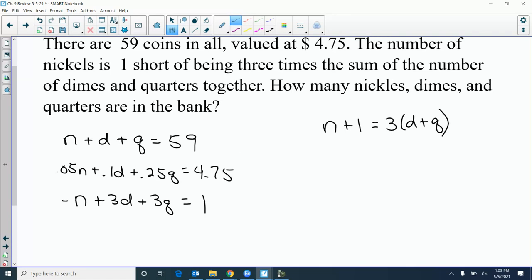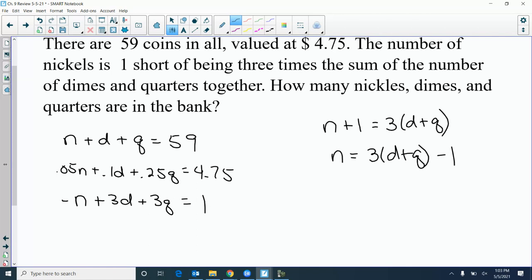All right, so she said n plus 1. If you go from left to right, it says the number of nickels is 1 short. So you could also write it like this, but if you move the 1 over, that's fine. You're right. So either n plus 1 equals 3 times d plus q, or n equals 3 times d plus q minus 1.